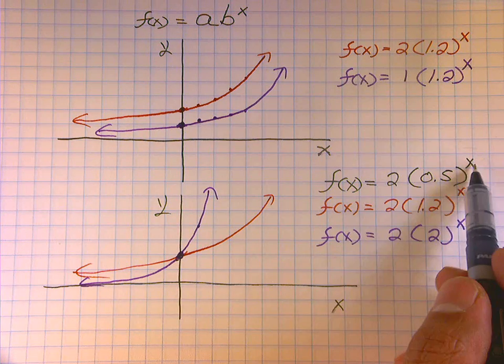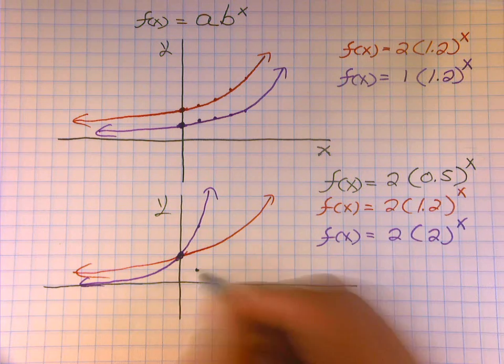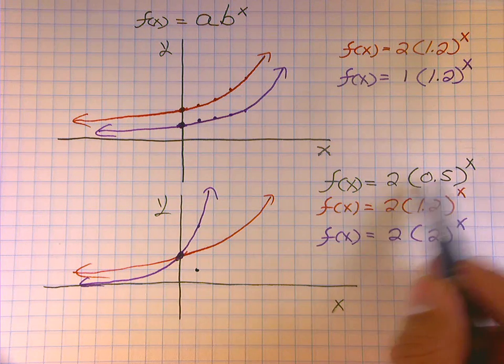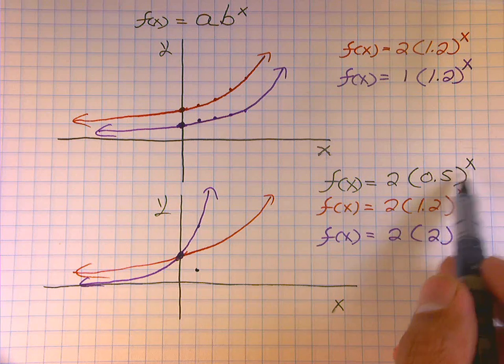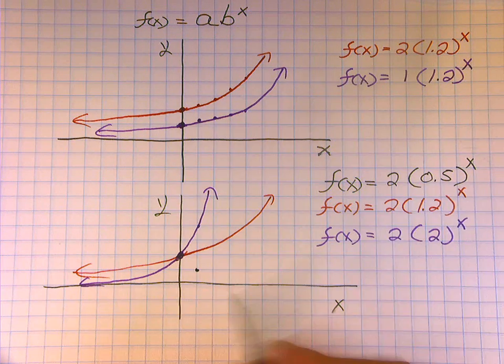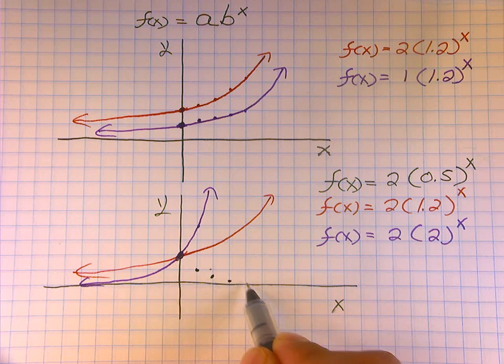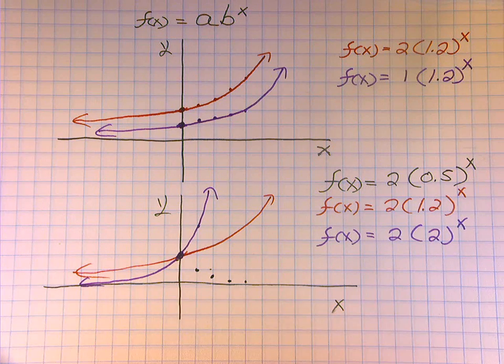But now, when x is 1, I'm going to take the 2 times a half and get a 1. I'm going to take 1 and multiply it. Every time x goes up by 1, I'm going to multiply by a half, by a half, by a half.